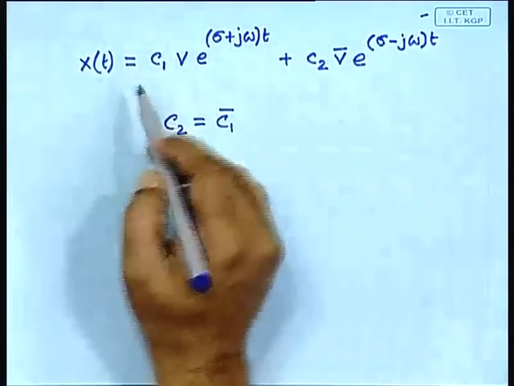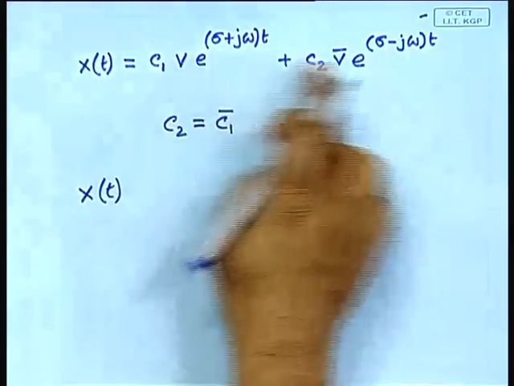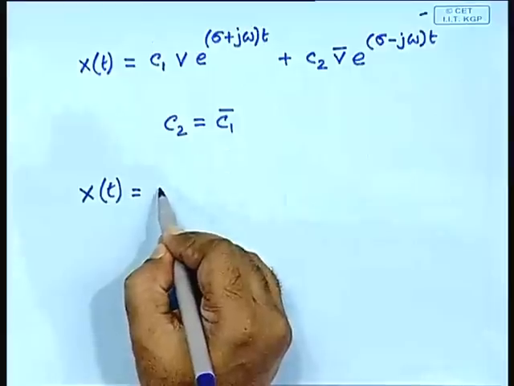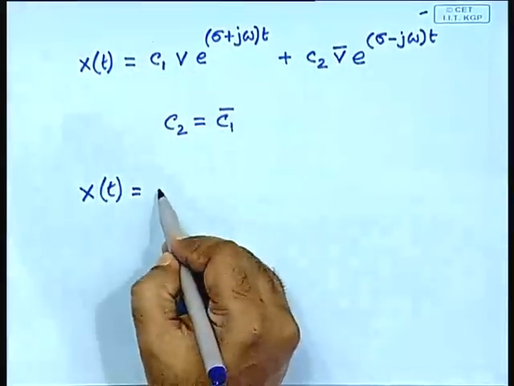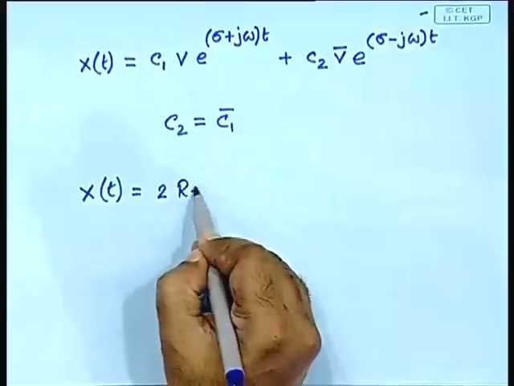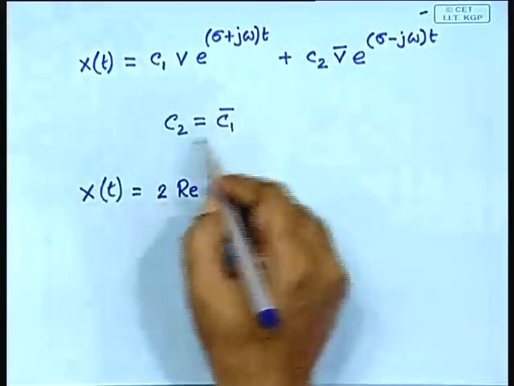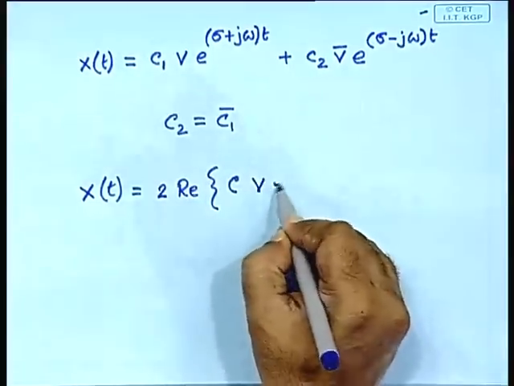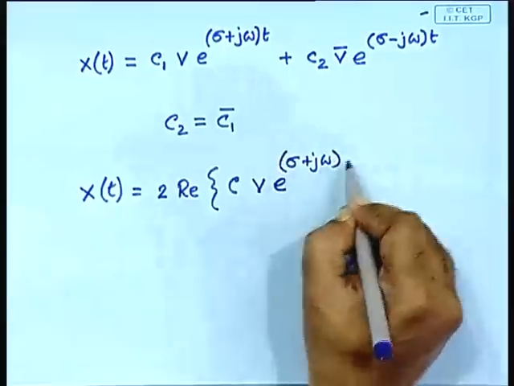So, if you want to extract the real value of x(t), the imaginary parts will cancel each other. So, you have twice the real part of C v e to the power sigma plus j omega t.